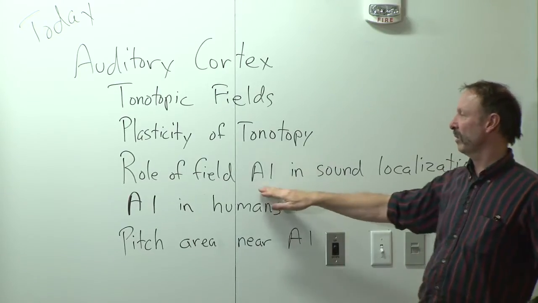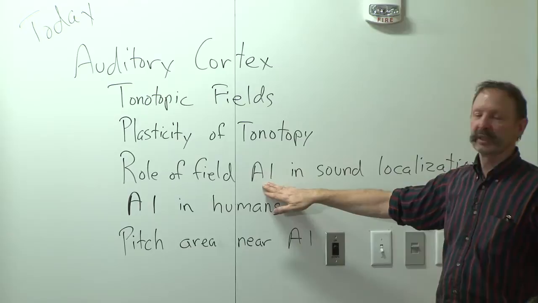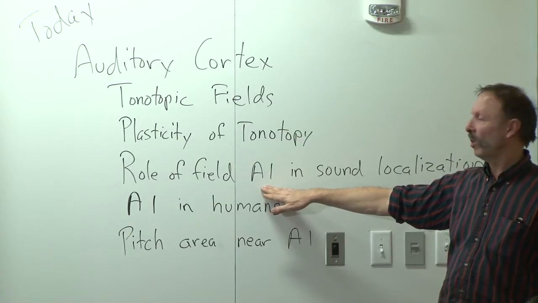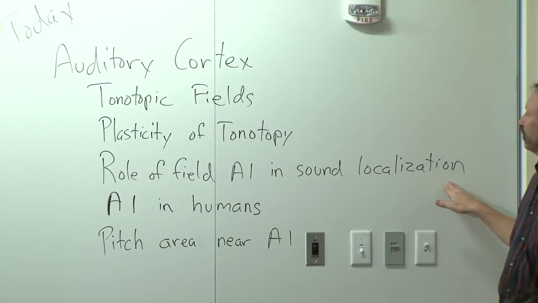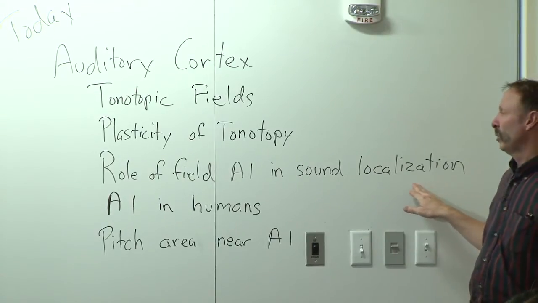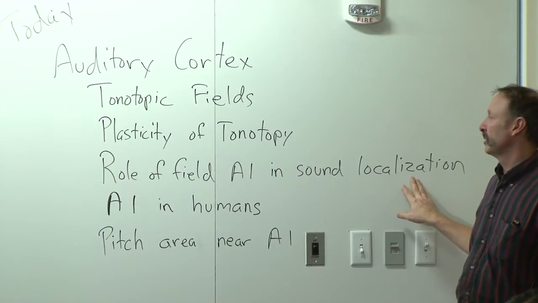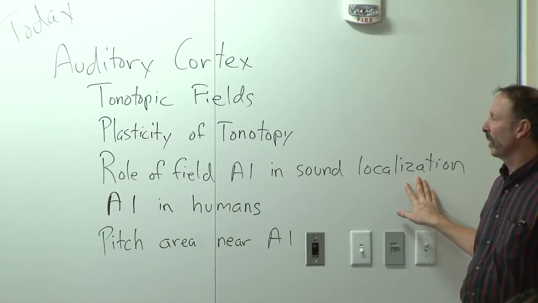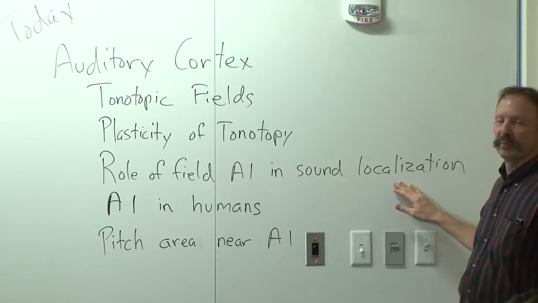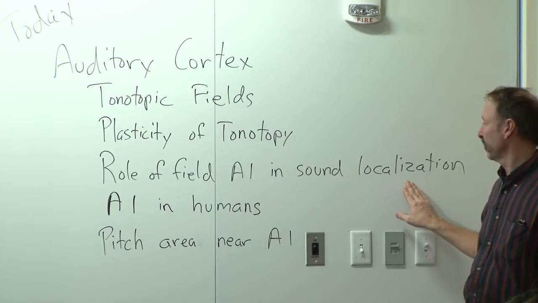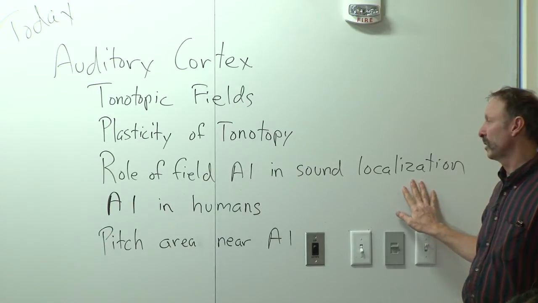But it's clear that there's a big role of one field, which we call A1, in sound localization. And we'll review that line of investigation, that if A1 is lost, an experimental animal's ability to localize sounds is completely gone.